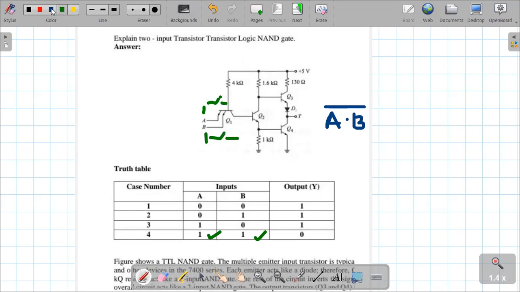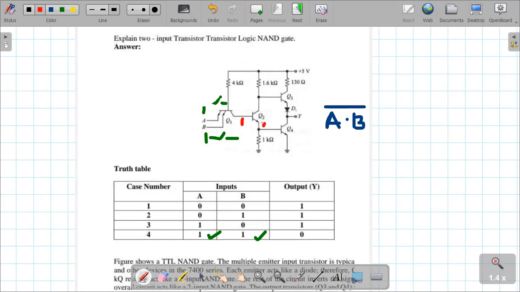Therefore, there is no way for voltage to flow towards ground, and therefore voltage will be due to this reverse bias of A and B. You will get voltage at this collector of Q1 as 1, which is the base of Q2. If the base of Q2 is 1, then its emitter will be 1.